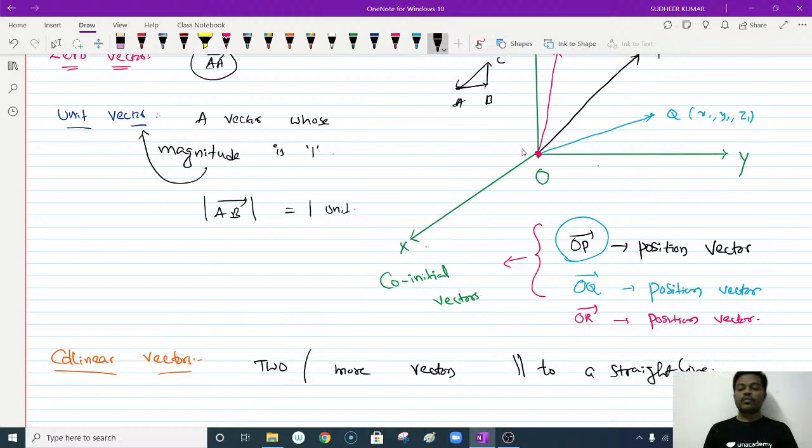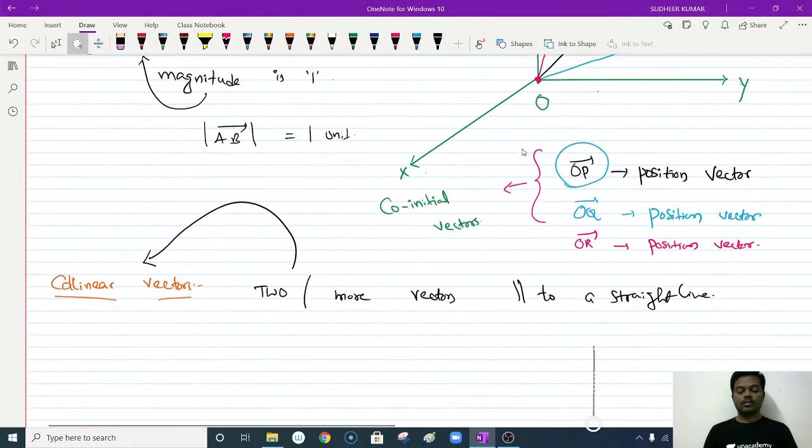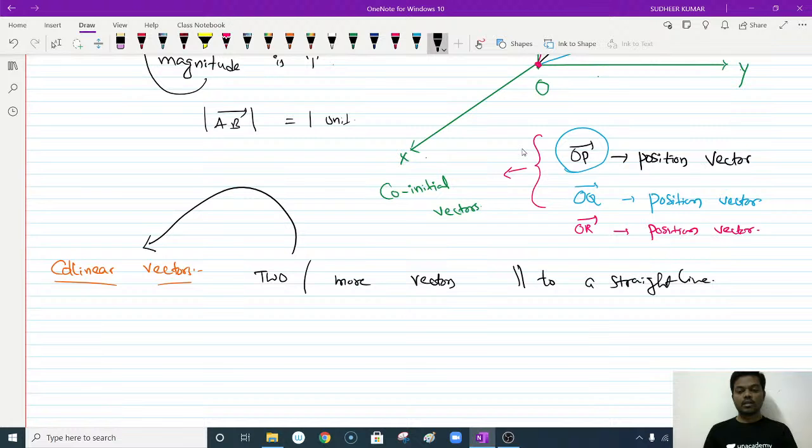Regardless of the position and magnitude, if two or more vectors are parallel to a straight line, then they are called collinear vectors. That's all. Right?